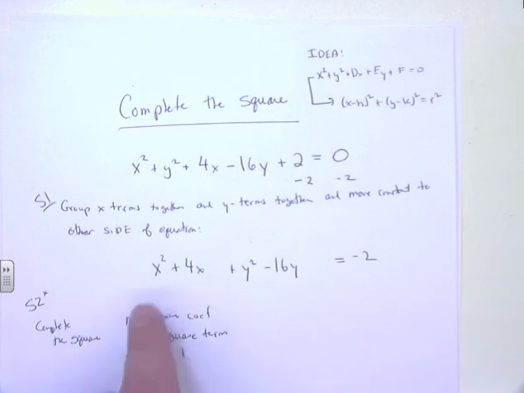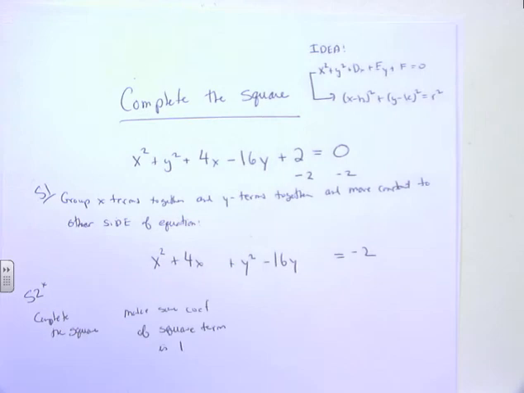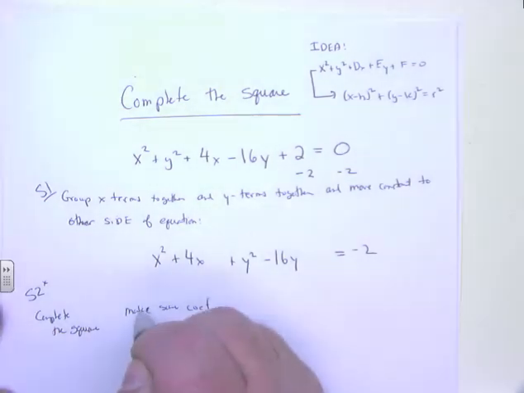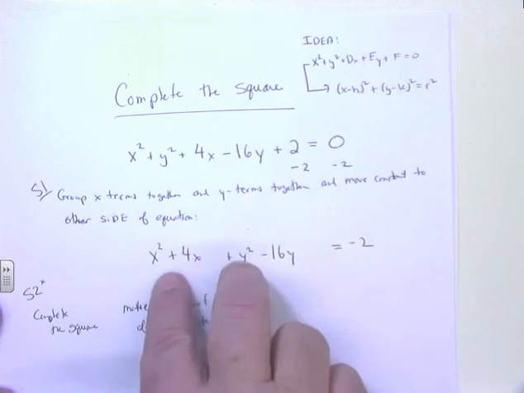It's either going to be 1 for both x and y, or you've got a constant in front of it, just divide it through and then make them 1. Because for circles, the coefficients of the x squared and y squared will always be the same. For ellipses, they won't be. Okay, we'll get to that later. All right, so make sure the coefficient of the square term is 1, which they are.